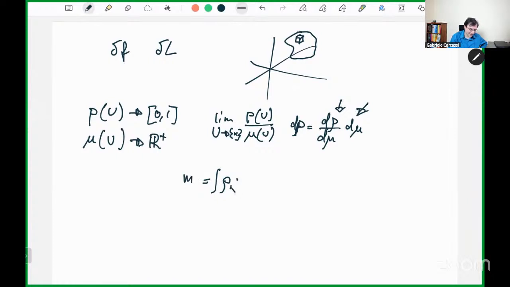This is a mass density, and my dV is going to be my infinitesimal volume. And now this becomes a form because the way you think about this volume is really given by a 3 infinitesimal displacement.